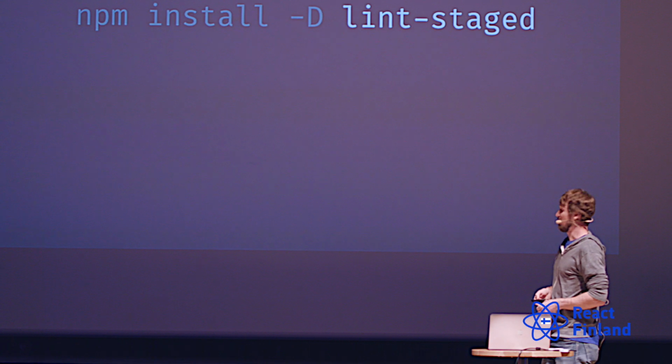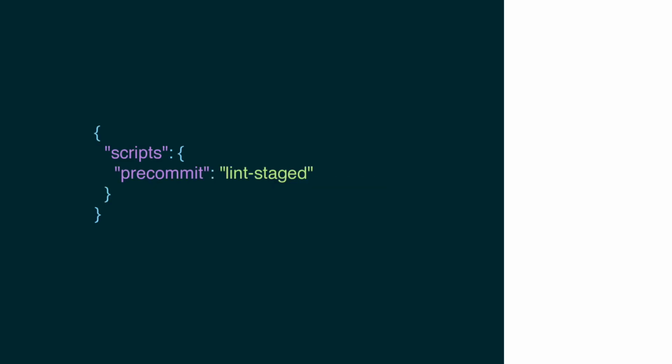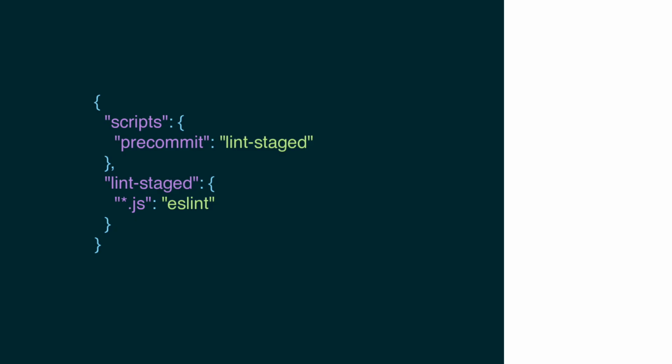And it's also on npm, so it's easy to install. And after that, instead of ESLint here, you say pre-commit lint-staged, and you add this lint-staged config that says, for JavaScript files, use ESLint. Actually, forget about these things.